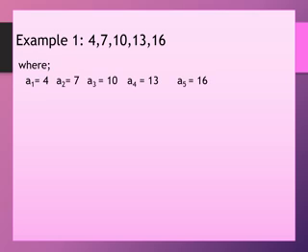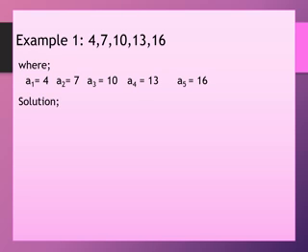4, 7, 10, 13, 16, where a sub 1 is equal to 4, a sub 2 is equal to 7, a sub 3 is 10, a sub 4 is 13, and a sub 5 is 16. Let's find out if this sequence is an arithmetic sequence.